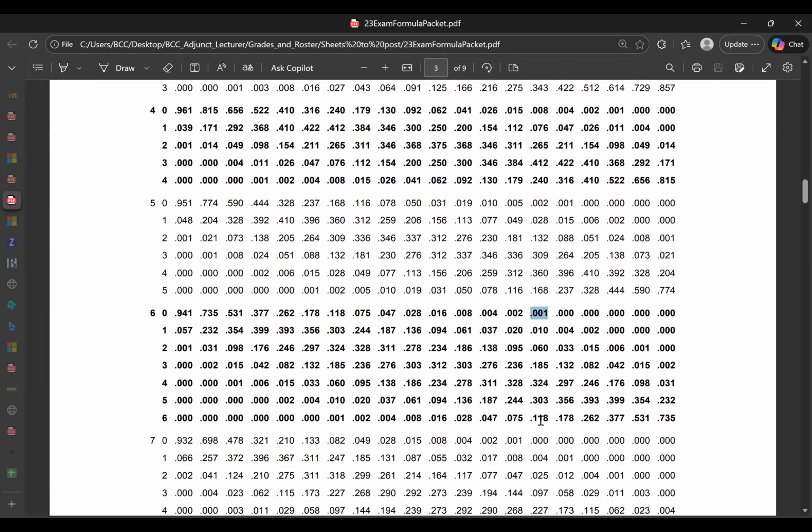And then you're specifically looking for the numbers for 4, 5, 6. So that's the last 3 in that column. And we add it, and that's it.